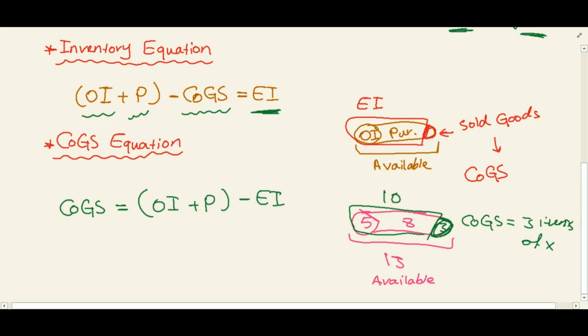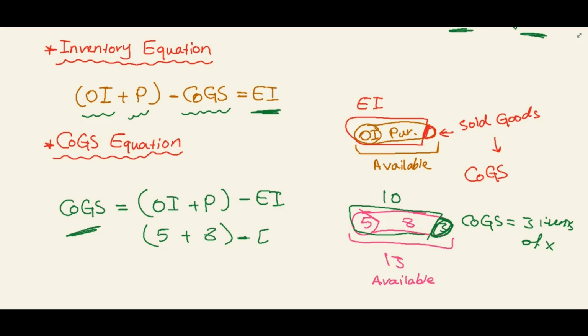So this is what this equation is saying. Cost of goods sold equals opening inventory, which is 5 in this example, plus the total purchases, which is 8, minus the ending inventory that we found at the end of the period, which is 10.